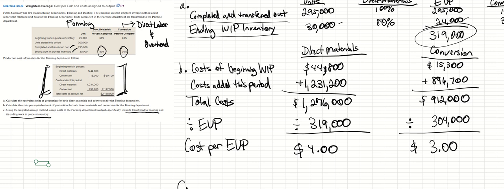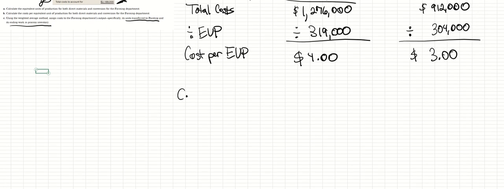Our job is to assign those costs using the weighted average method. We'll use information from letter A and letter B. We're going to start off with assigning the cost to completed units transferred out.